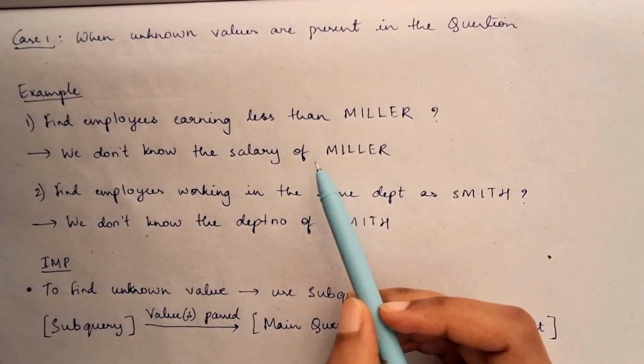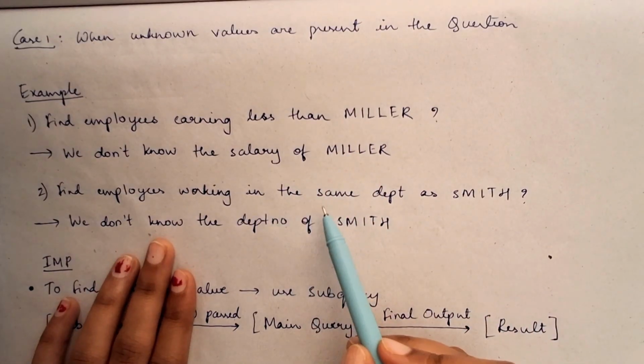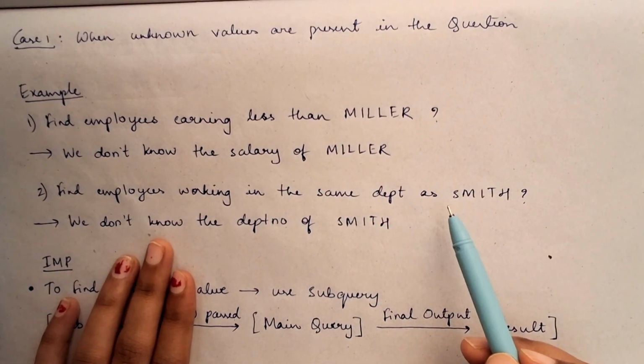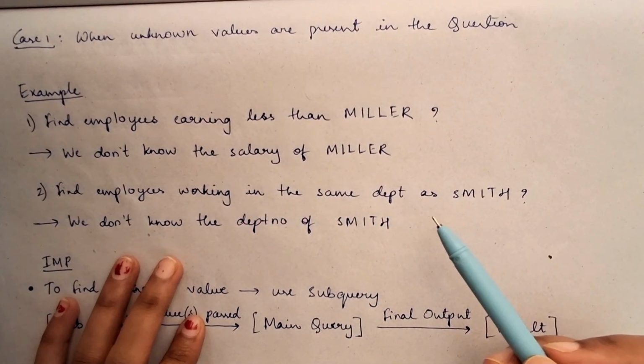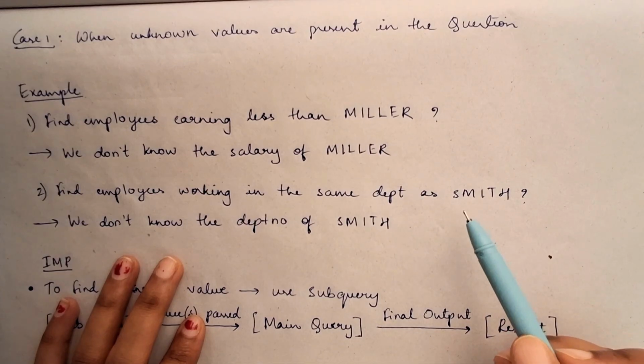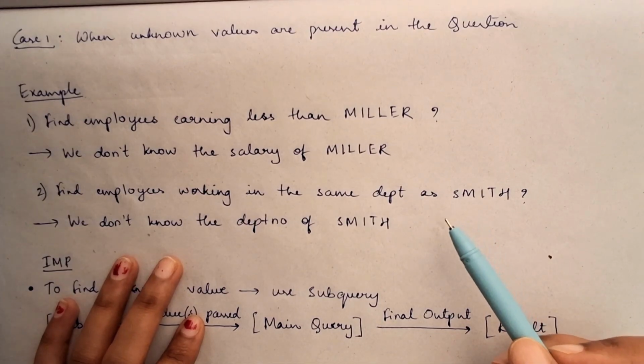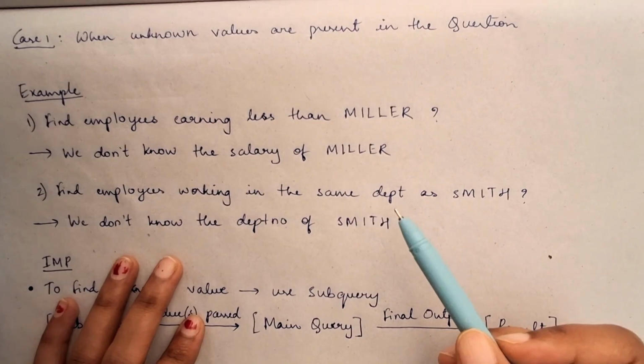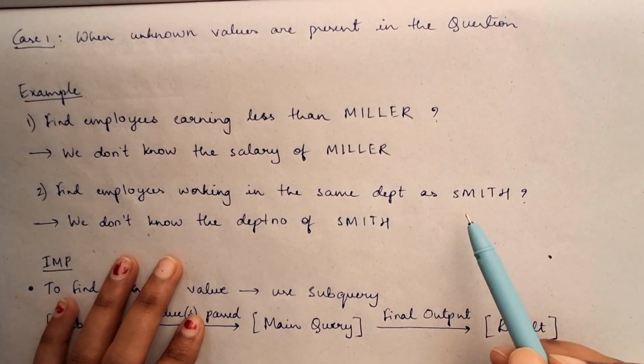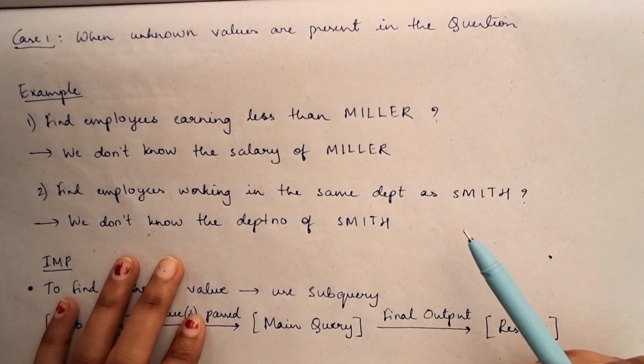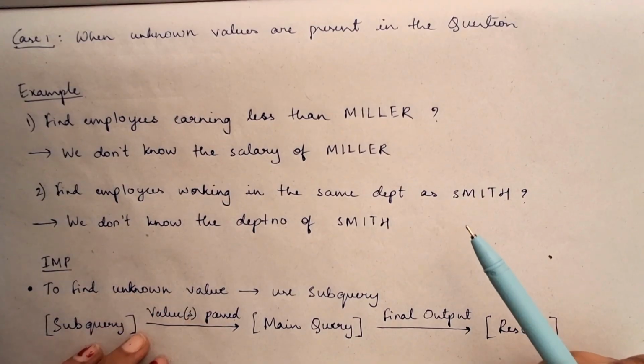But here the question is saying earning less than Miller, but we don't know the salary of Miller itself. Another question, find employees working in the same department as Smith. Here also the exact department number of Smith is not given. It just asks us to find employees who are working in the same department as Smith. But the thing is, we don't know the department number of Smith.